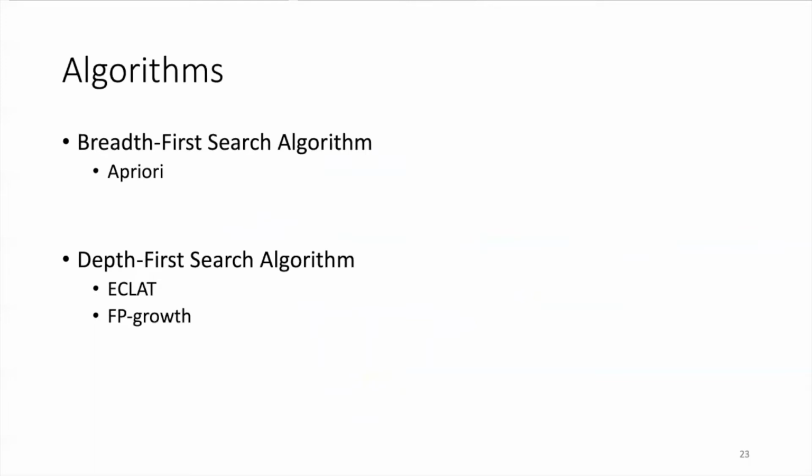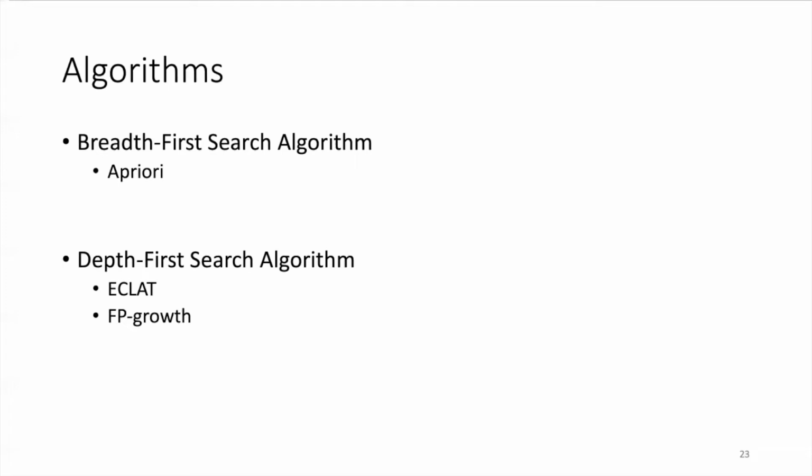When we look at the algorithms, many algorithms exist, but they can be broadly classified into two types. One is the breadth first search algorithm. The next class is the depth first search algorithm.